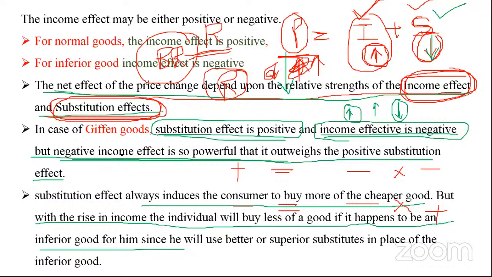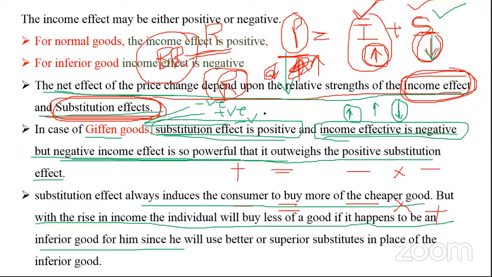The question is given as: what is the price effect for the given goods? It is negative. What is the substitution effect for the given goods? That is positive. What is the income effect for the given goods? That is negative.